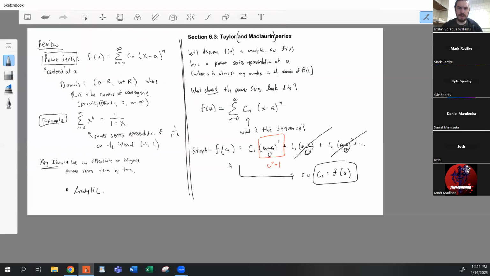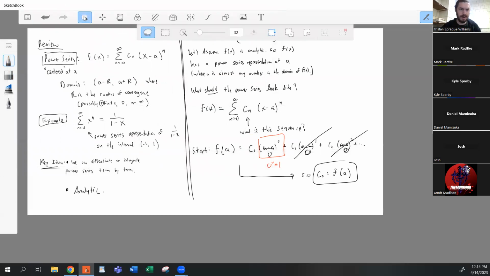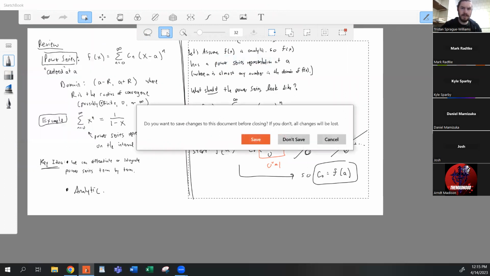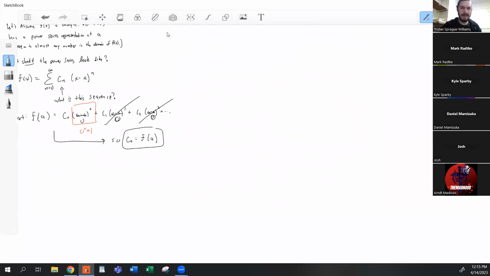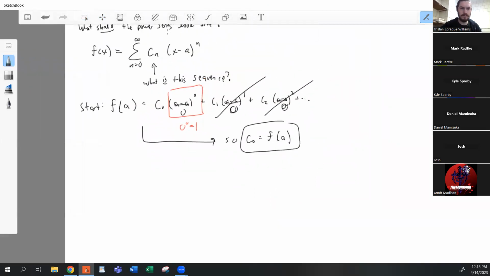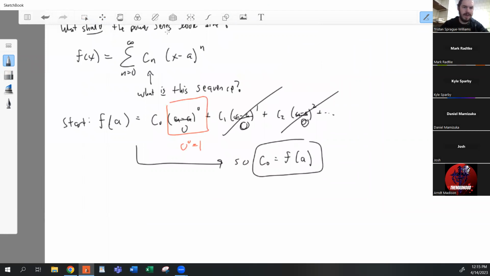Before I go to the next page, I just want to grab this much of it, and I'm going to copy it in, but keep it in the middle. Okay, so we started here.